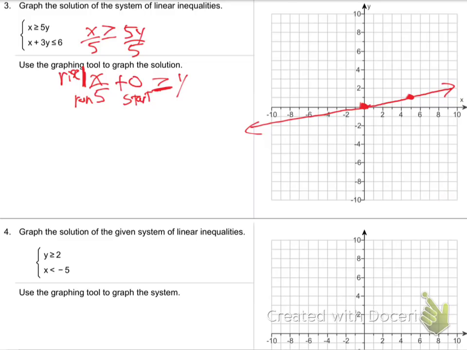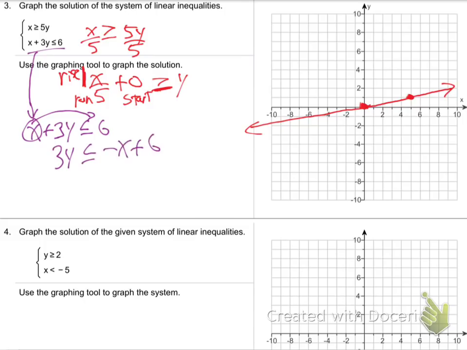Let's go on and do the second one. Solve for y. I got to get y alone. It's all about getting y alone when you graph. So take that x and jump it over. And then to finish getting y alone, divide through by 3. So negative x over 3 plus 2.